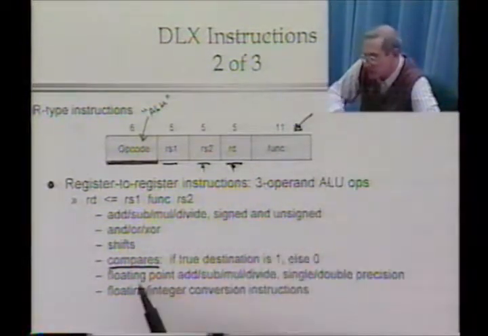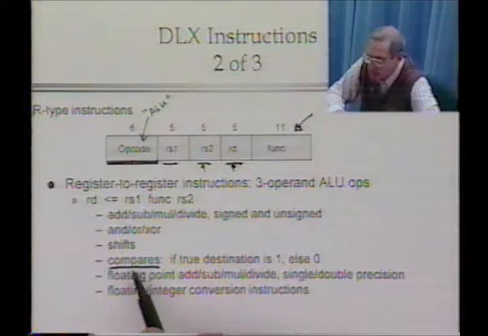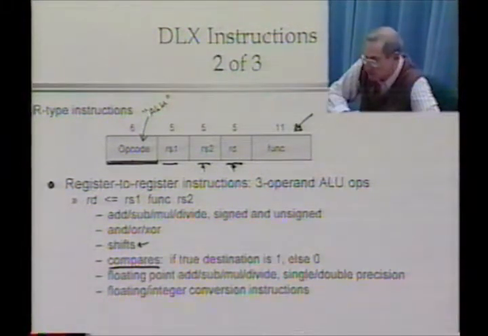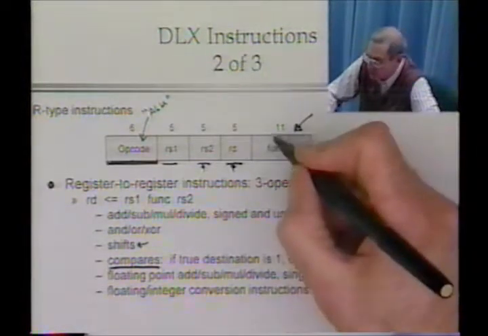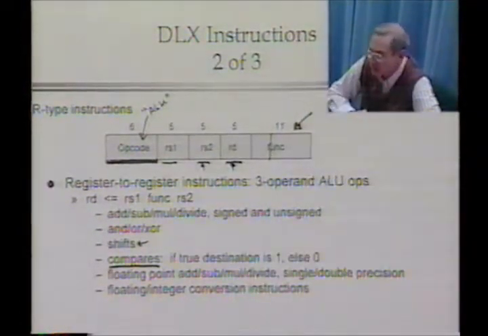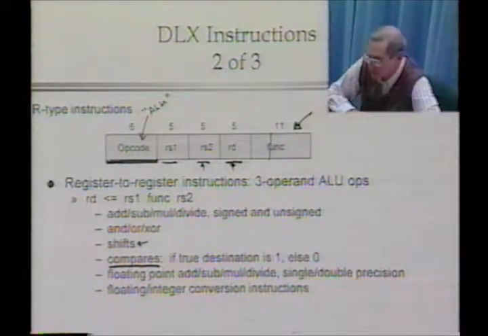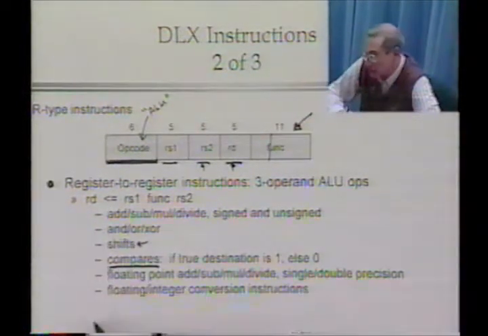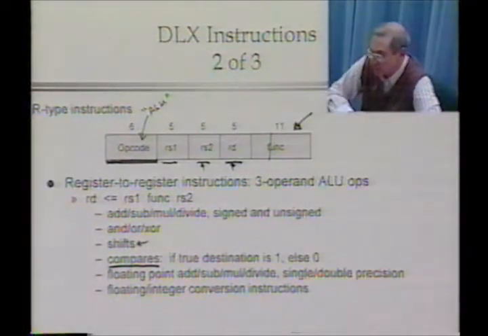In fact, even in the MIPS 2000, the number of bits that shifts do is encoded in here. In fact, this is divided up into 2 fields, one of which is really the function, and the other is another 5-bit field that specifies the number of positions to shift. So these R-type instructions do essentially all of the arithmetic, including floating point arithmetic.